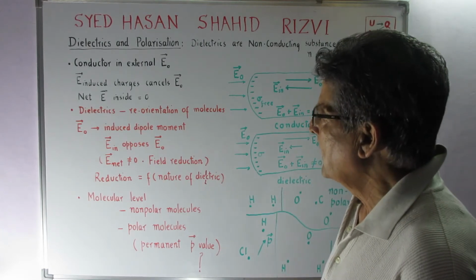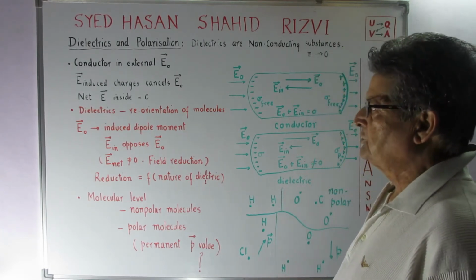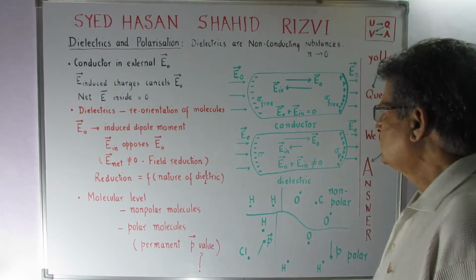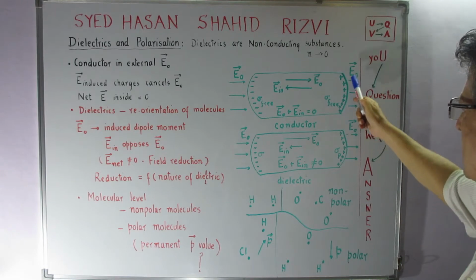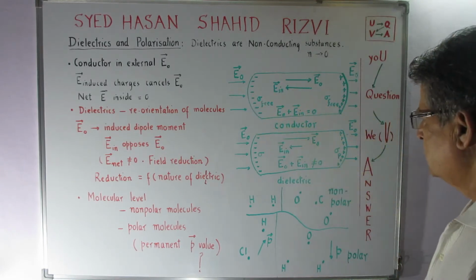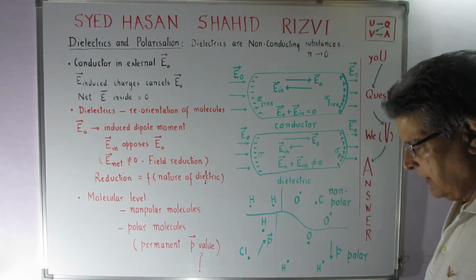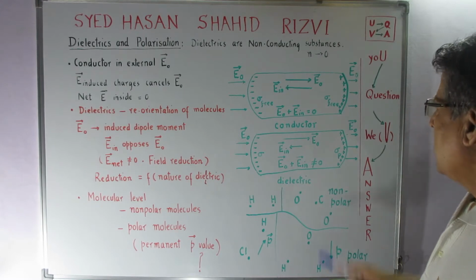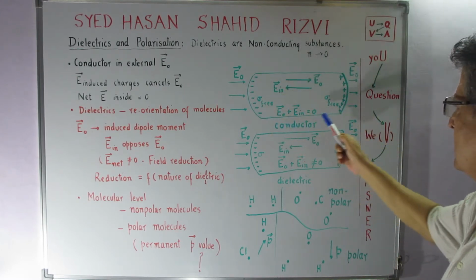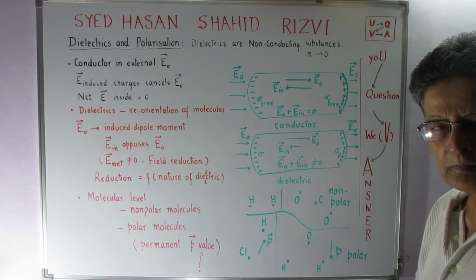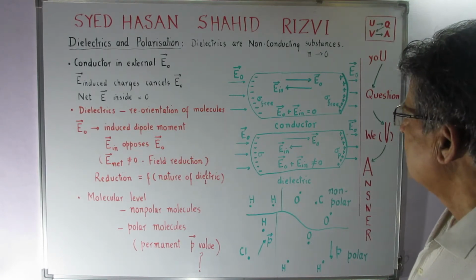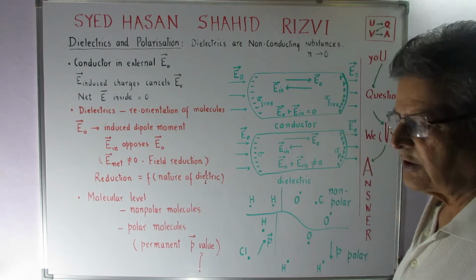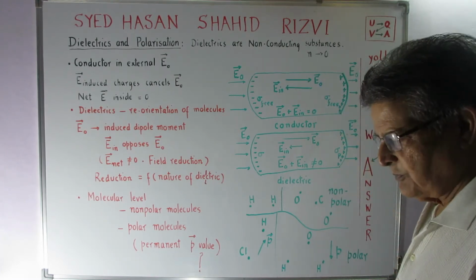But today we'll see what happens when a conductor is put in an external field, E0. You can see that this is a uniform external electric field, and this is a chunk of a conductor. So what happens? Let's say that inside also there is an electric field E0.